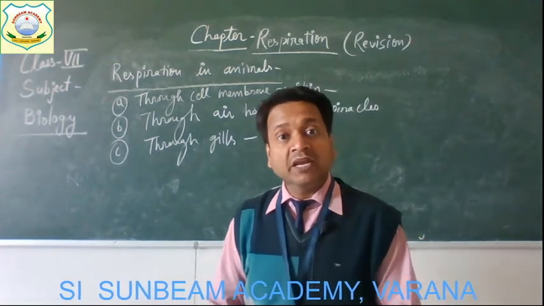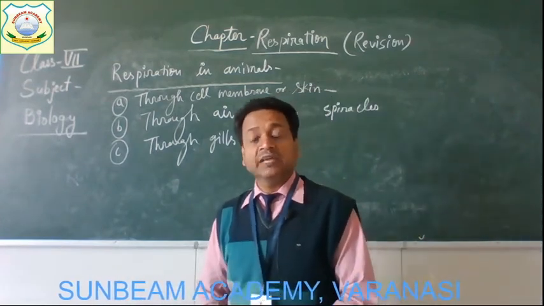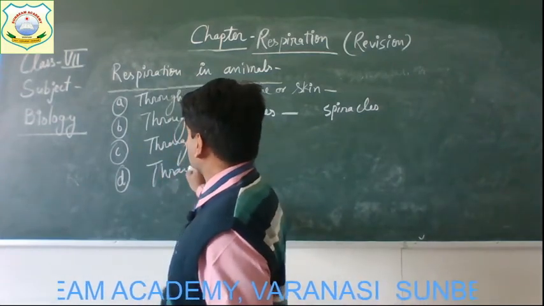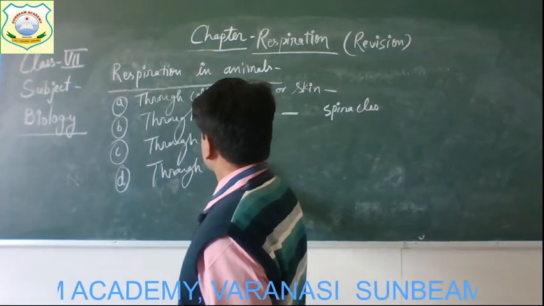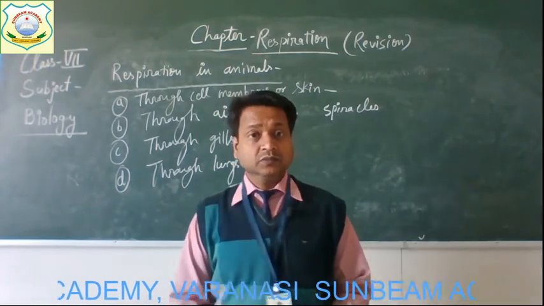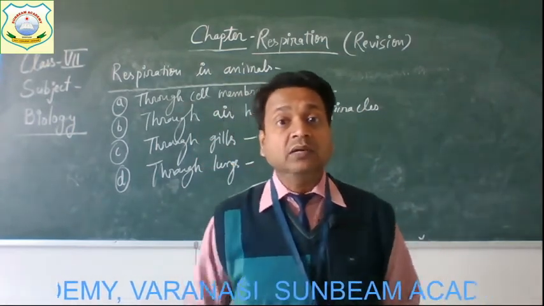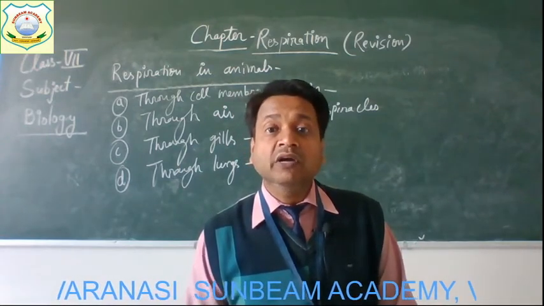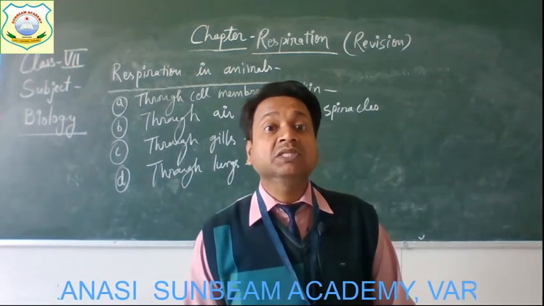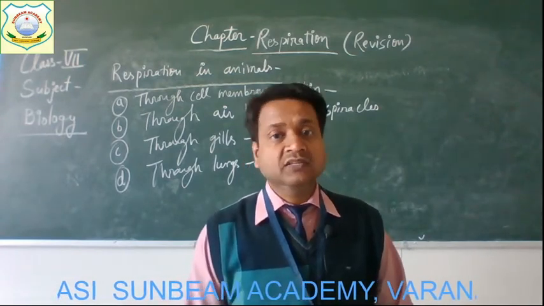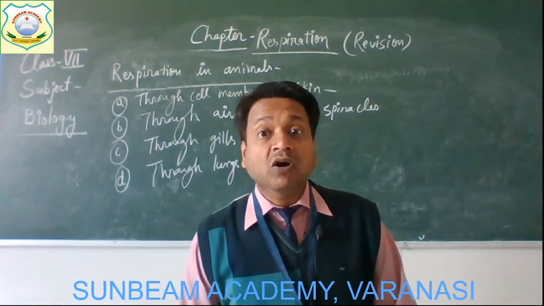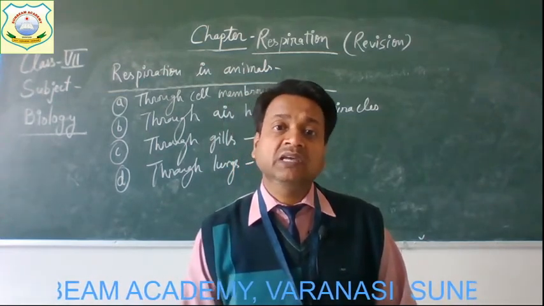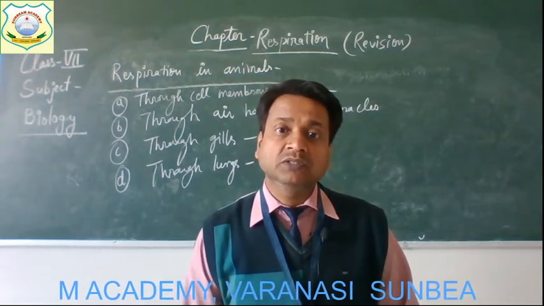And in some animals, the exchange of gases takes place through lungs. A tadpole has gills, but as it grows into a frog, it develops air bags called lungs for gas exchange. Though frogs have lungs, they can also breathe through their moist skin, just like earthworms.